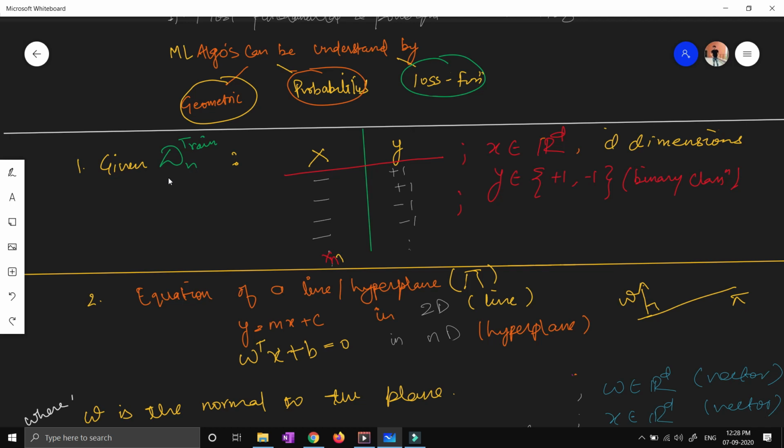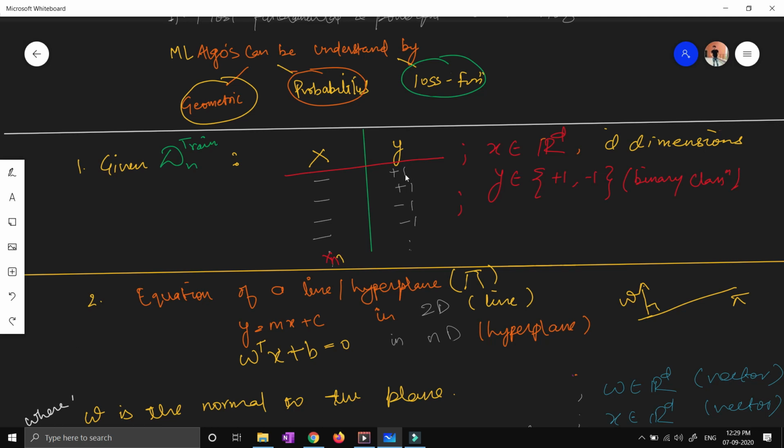Obviously, if we are solving a machine learning problem, we know that a data set is given to us. Dn stands for the training data set, and n stands for the number of data points. You can see that we are given a feature x, which has different data points, and y is the target, or class label, which is binary classification.